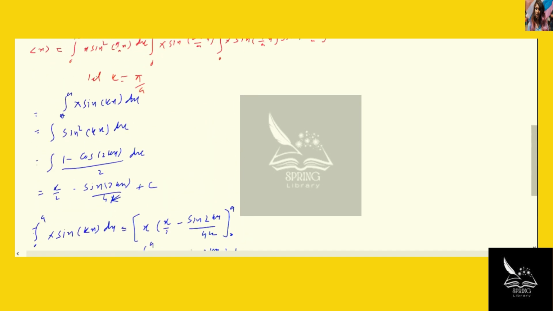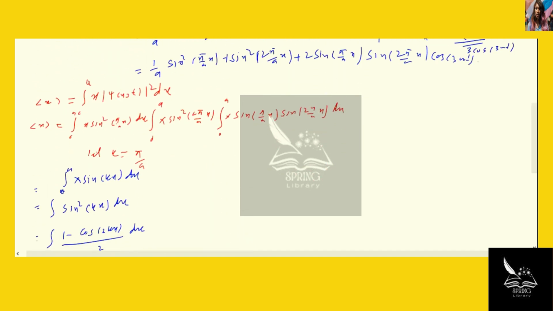So now we have to find the other integral. We have another integral, which is 0 to a of x sin kx sin kx sin 2kx dx.